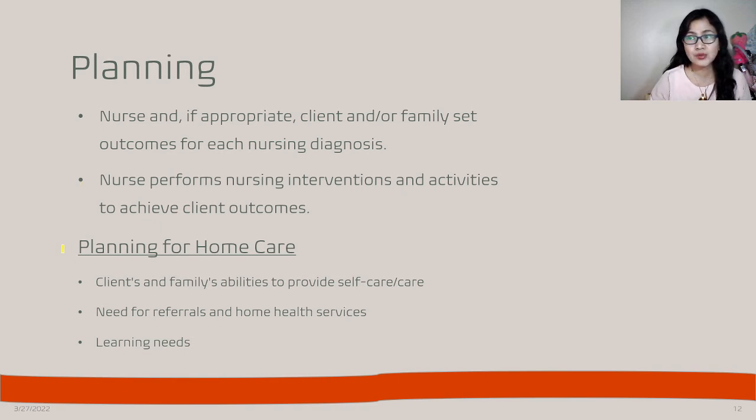In cases where you are planning for home care, like when you have conducted a home visit, you must plan for the client and family's ability to provide self-care, and the need for referrals and health services. You are going to facilitate this, and also attend to the learning needs. What does the client need to know?